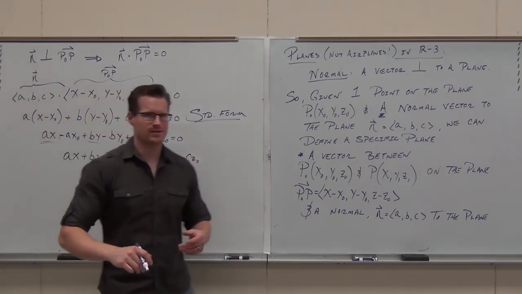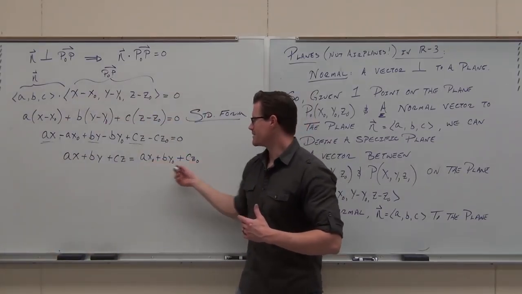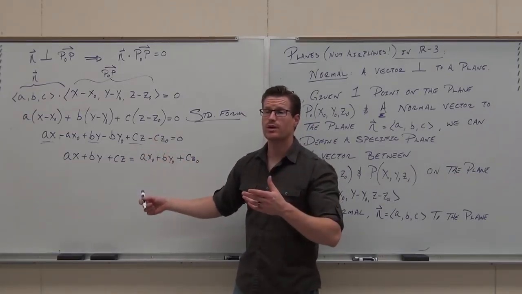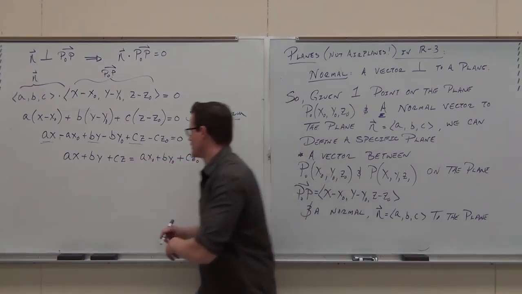Now this all looks very fancy. I don't want you to worry about the fancy. I want you to worry about the next thing. Do you see that this is all going to be one number? Yes. Just a number. We call that number D. That number D is just all the junk.